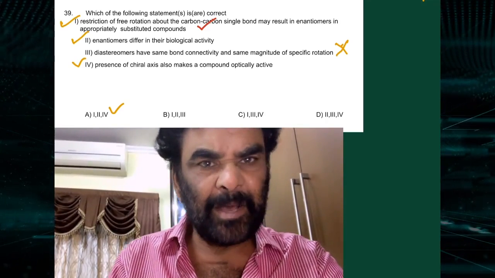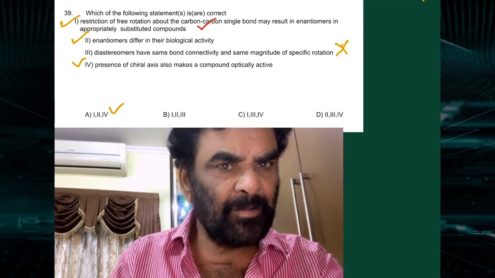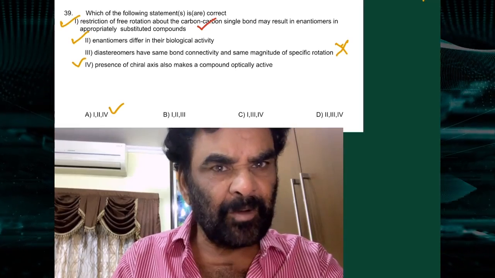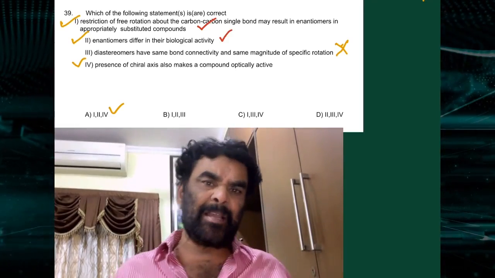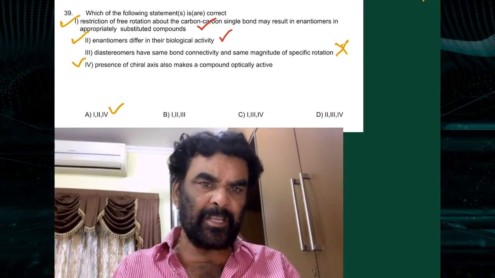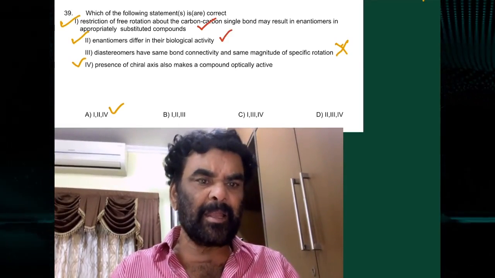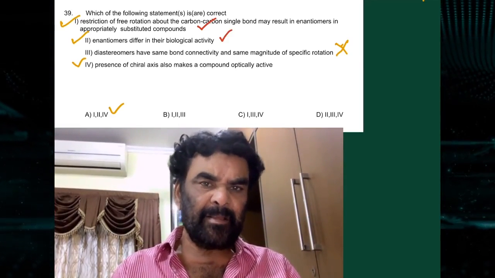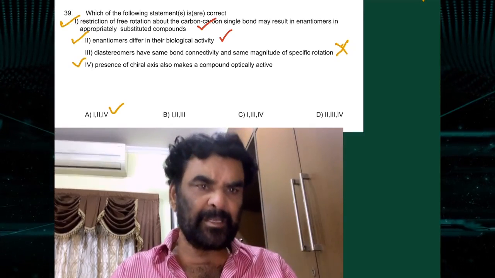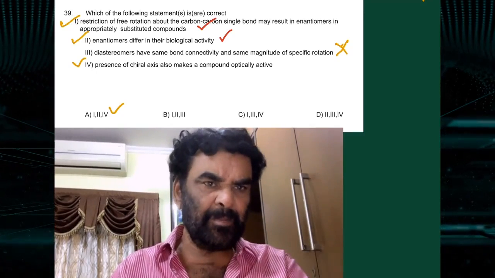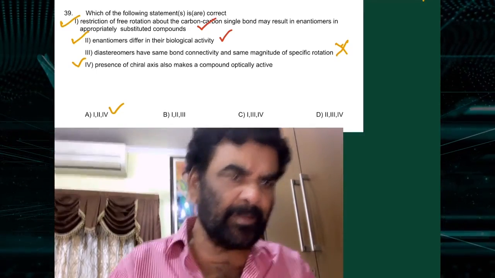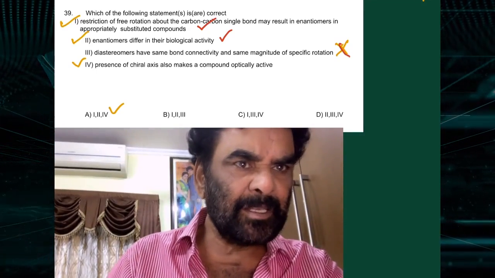Yes, they differ. Out of R and S, only one, the dextro or levo, is biologically active, and the other is biologically inactive. Diastereomers have the same bond connectivity and the same magnitude of specific rotation. Yes, they are stereoisomers with the same bond connectivity, but the second part is wrong.